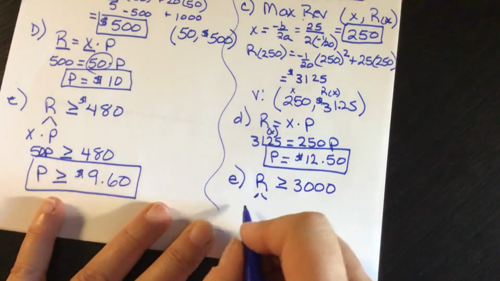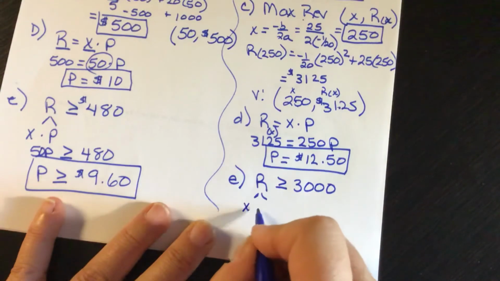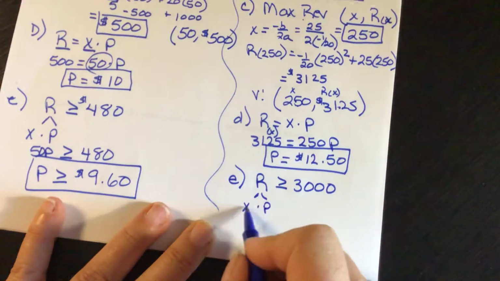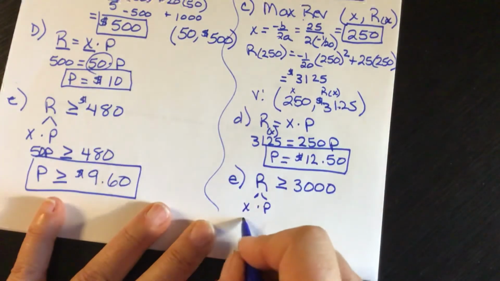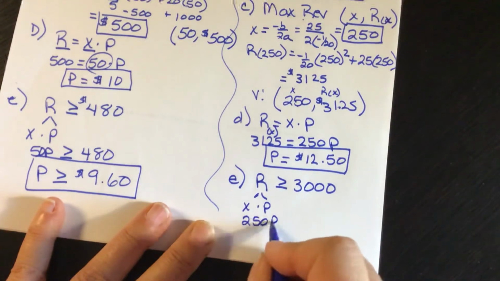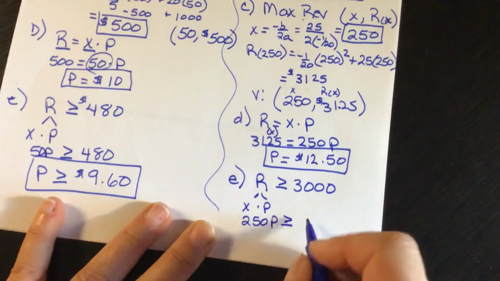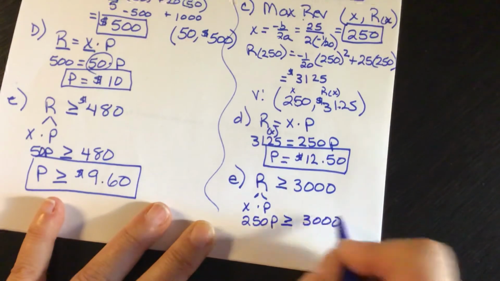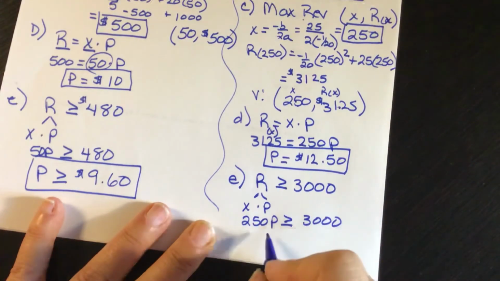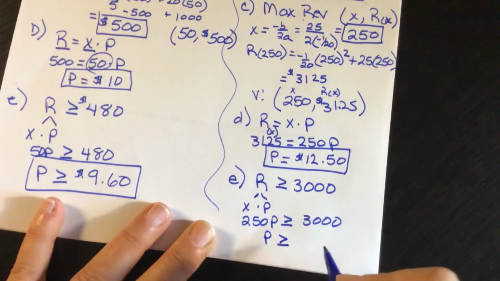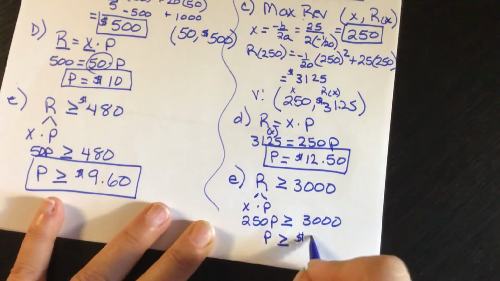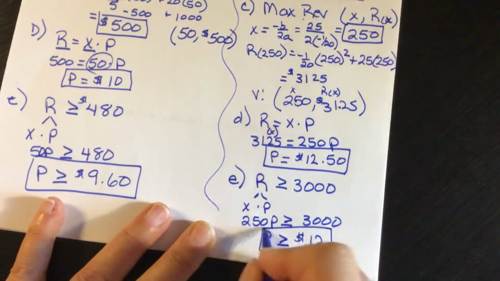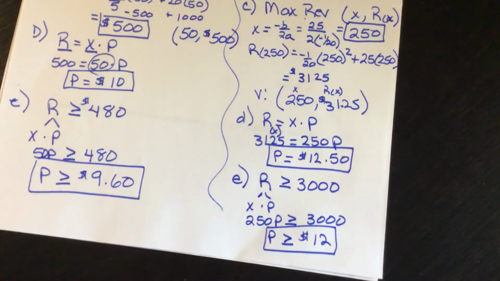Remember that revenue is X times P. So my X value is 250. So 250P is greater than 3,000. And when I divide by 250, P has to be greater than $12. All right, that's number 6.